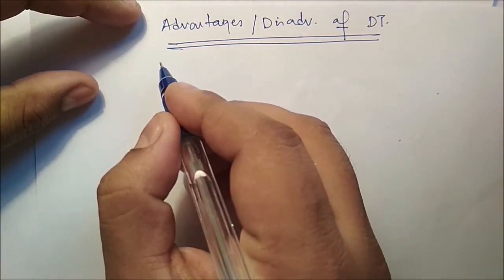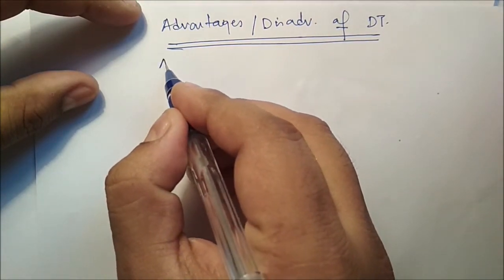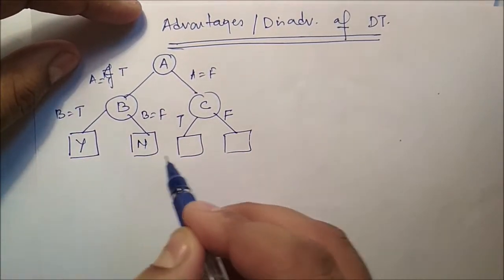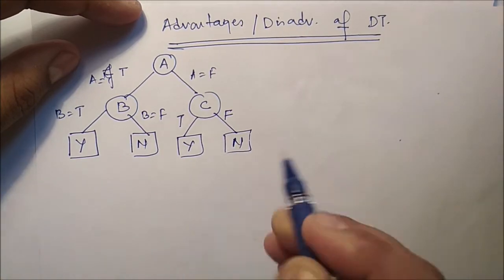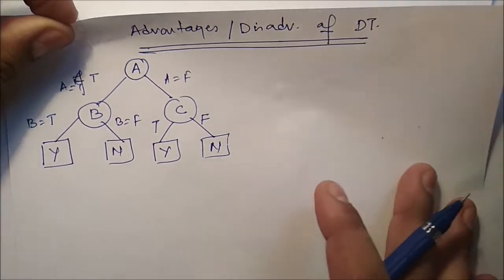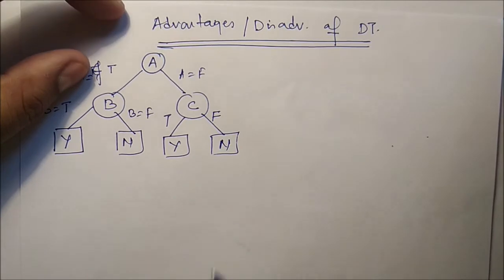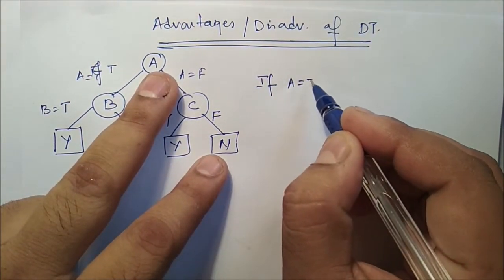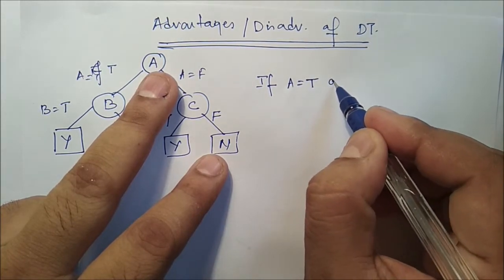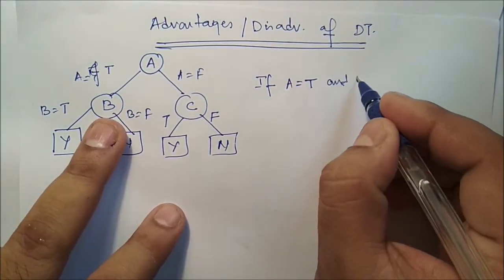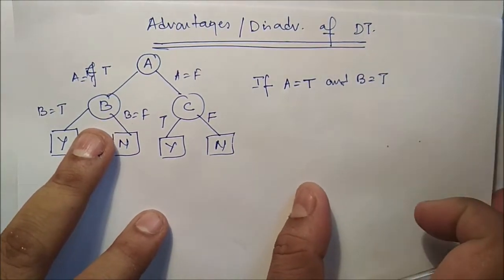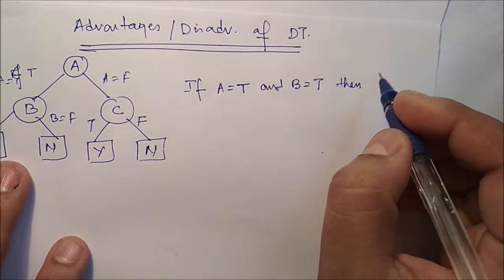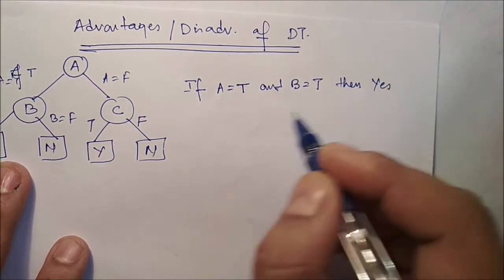Suppose a tree like this, with outputs yes and no. From this particular tree we can generate rules. If A is true and B is true, then output is yes.